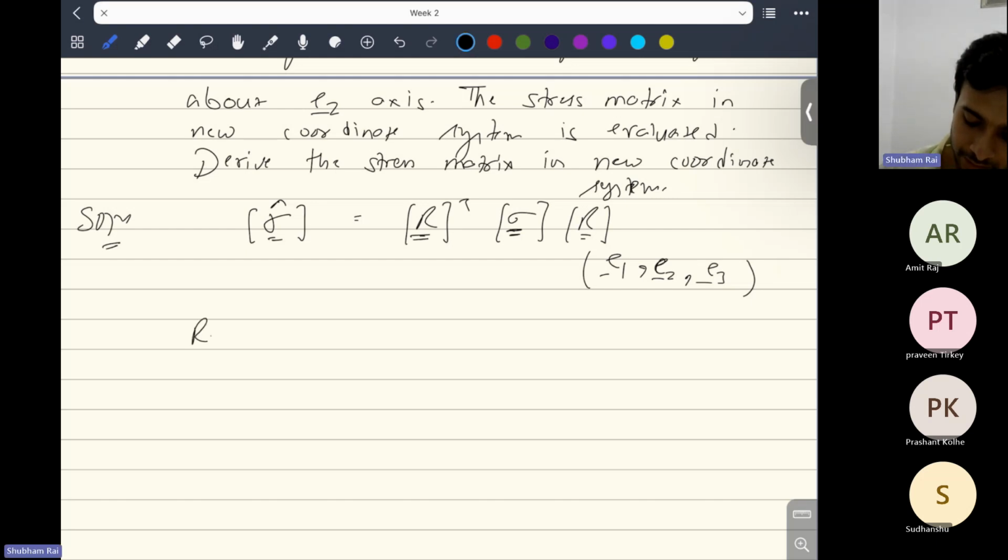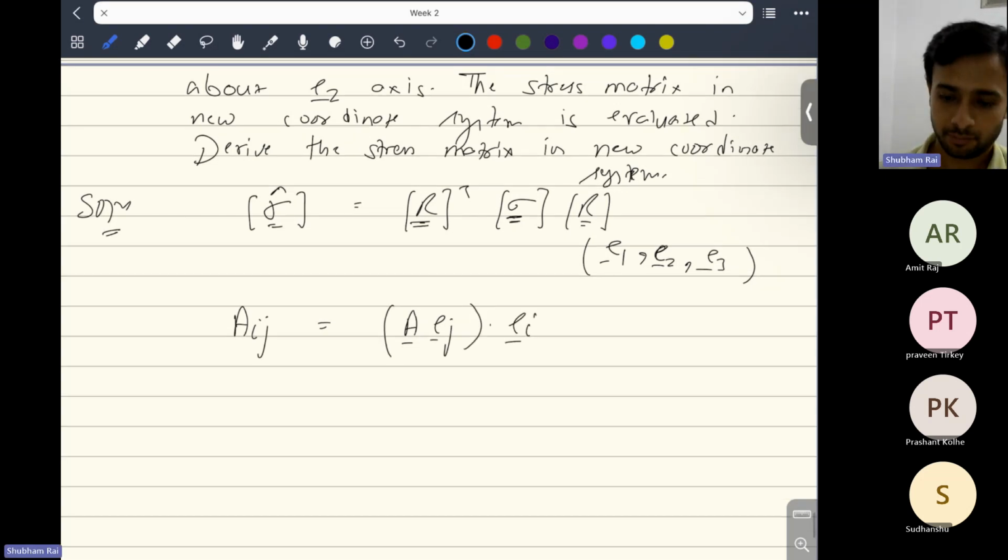So you know that any matrix, let's take any matrix A. Any matrix Aij will be A times Ej dot Ei. You would have studied this in the previous classes.